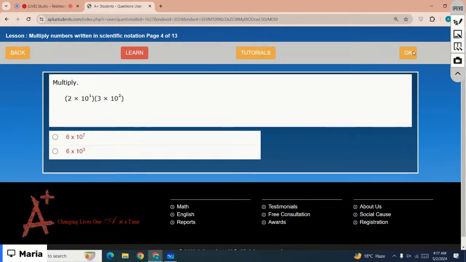The next one is 2 times 10 exponent 1 times 3 times 10 exponent 2.